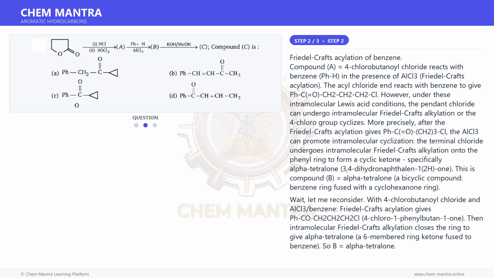With 4-chlorobutanoyl chloride and AlCl3 in benzene, Friedel-Crafts acylation gives PhCO-CH2-CH2-CH2-Cl, 4-chloro-1-phenylbutan-1-one. Then intramolecular Friedel-Crafts alkylation closes the ring to give alpha-tetralone, a 6-membered ring ketone fused to benzene. So B is alpha-tetralone.